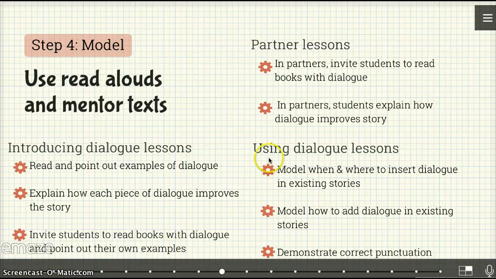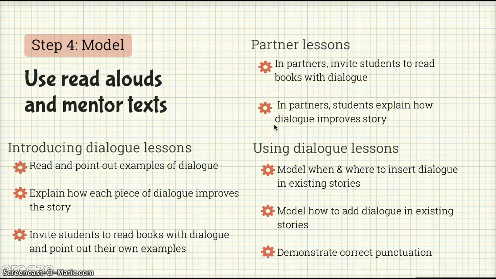In partners, you can also do this, and this is great because students can look for examples, but then talk to one another to see how this dialogue really improves the story. How does it make the story even better? That will help them start to think both as readers and as writers.